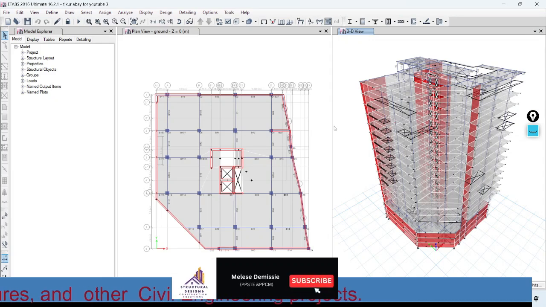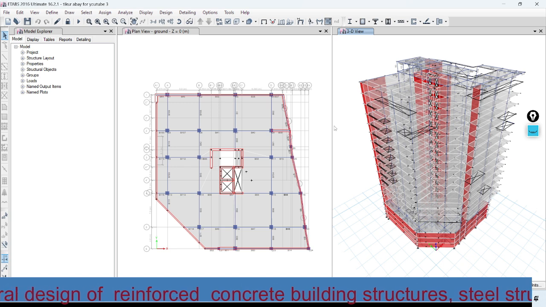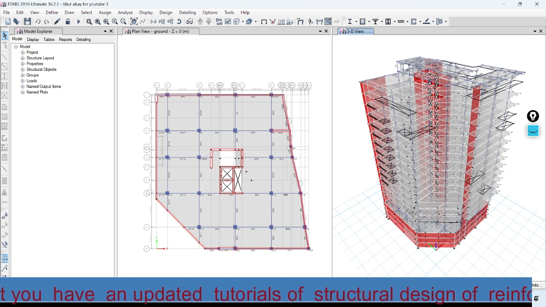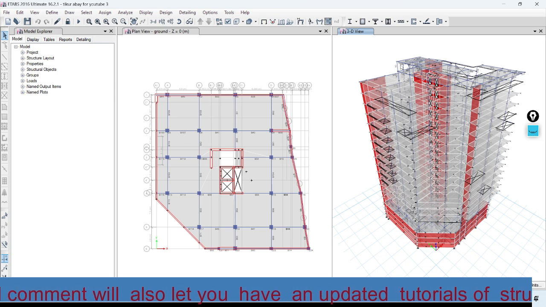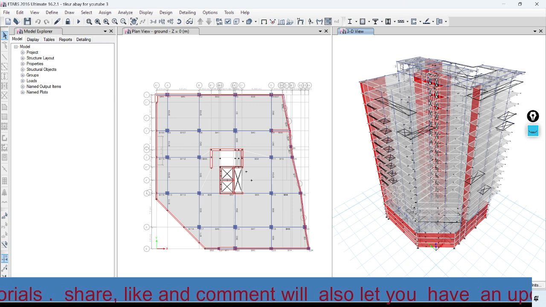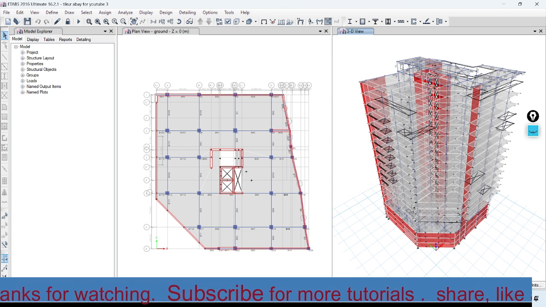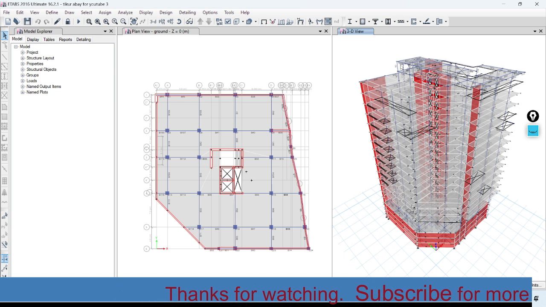My name is Marlasa. Today I'm going to show you the effect of P delta on the design of this 20-story building using ETABS 2016 as per the Ethiopian Building Code of Standard and the European Building Code of Standard.